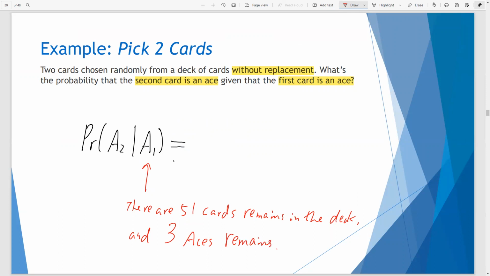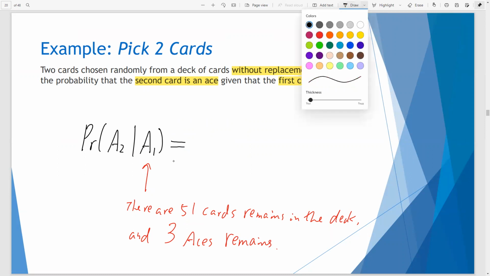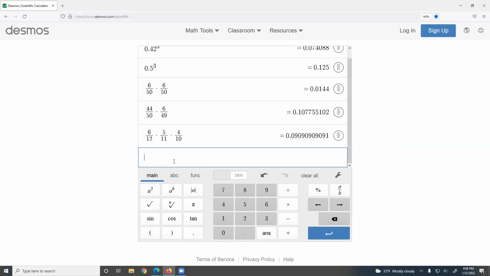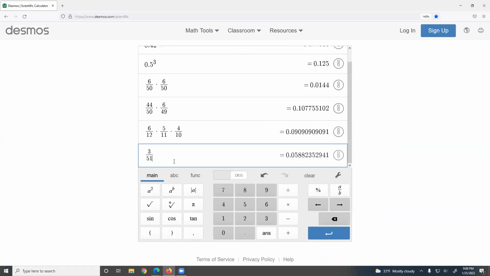So if you want the second pick to be an ace, that will be 3 aces to be chosen out of 51 cards.